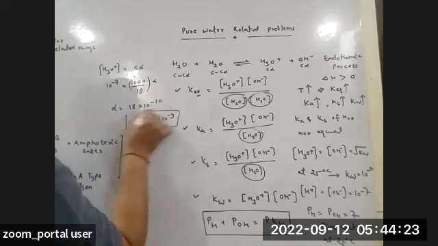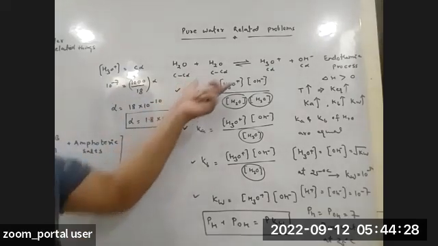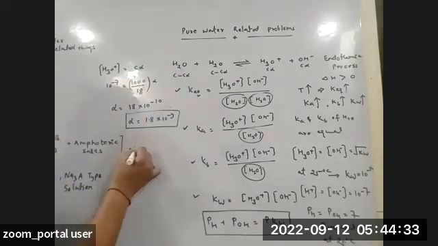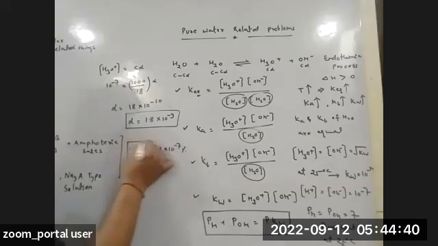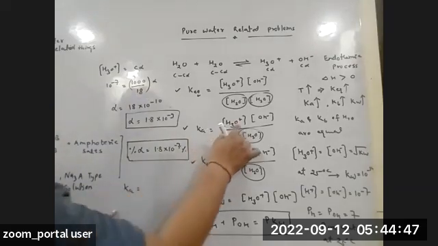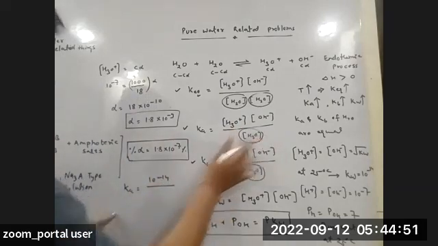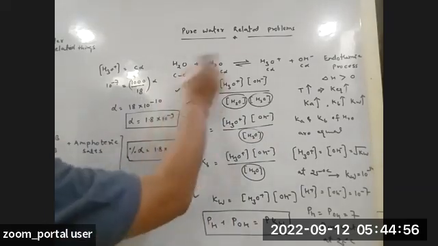Now you can visualize alpha is very small. If alpha is very small, then we can easily neglect C minus C alpha. We can write C. Percentage alpha, we can multiply it by 100. Now, what will be the K of water? This number is 10 to the power minus 14, and this number is 1000 by 18 because it is negligibly dissociating.